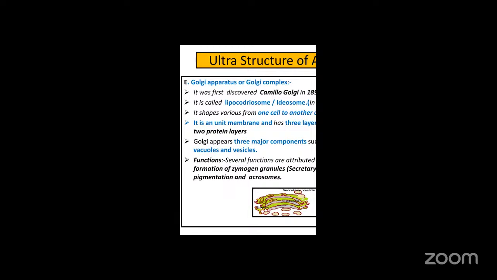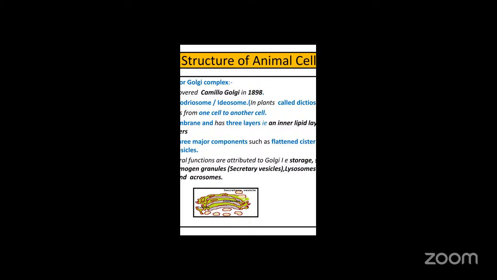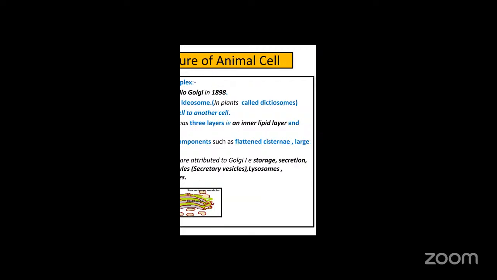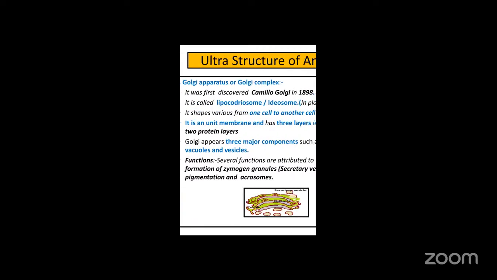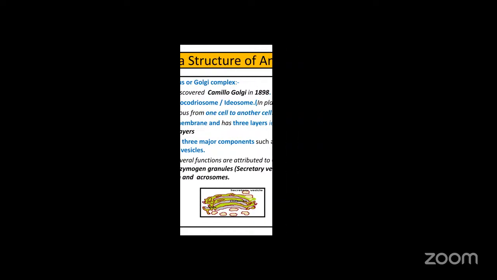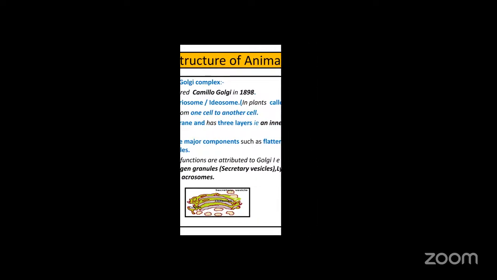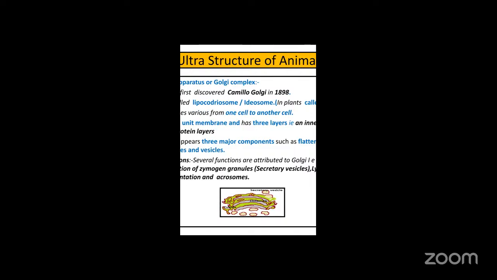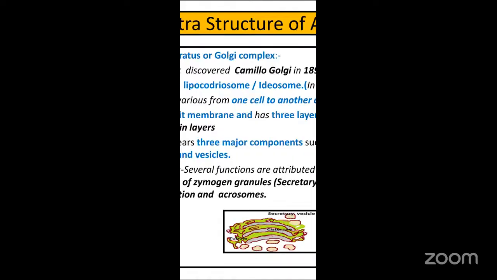Now, several functions are assigned to this Golgi apparatus. They store, they secrete, and they also form the zymogen granules, that is, the secretory granules or the secretory vesicles. They also produce the lysosomes, pigmentation, as well as the acrosomes.